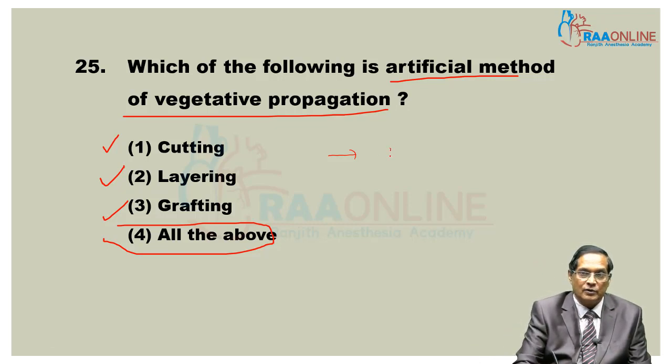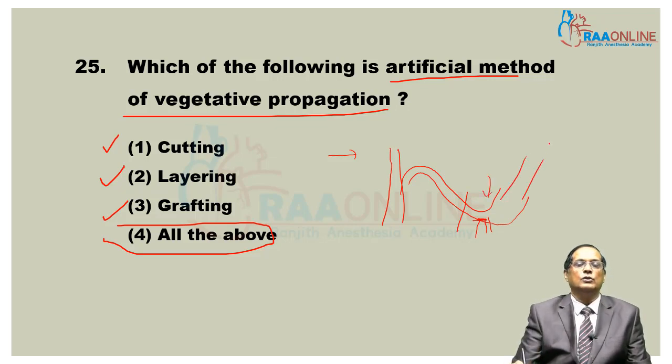In layering, a branch is selected, bent down into the soil, and a cut is made and rooting is done. After root development, the branch is separated and develops into a new plant.